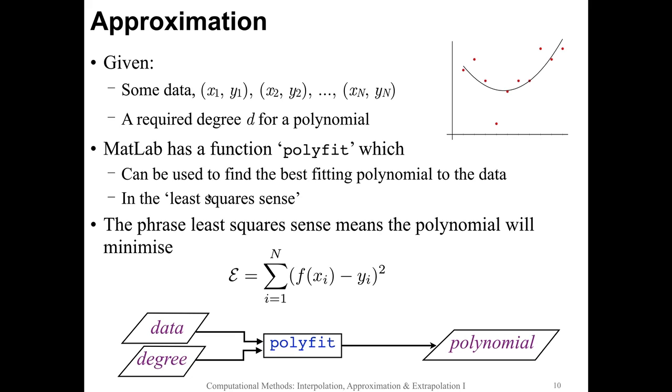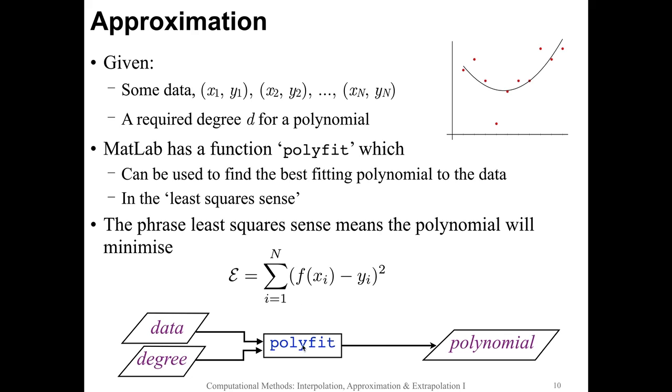That phrase, in the least squares sense, crops up quite a lot, and all it means is that the polynomial we end up finding will be one that minimizes this sum of squares error, the error based on looking at the difference between the measured value and the function value across all of our data points, squaring those differences and adding them all up.